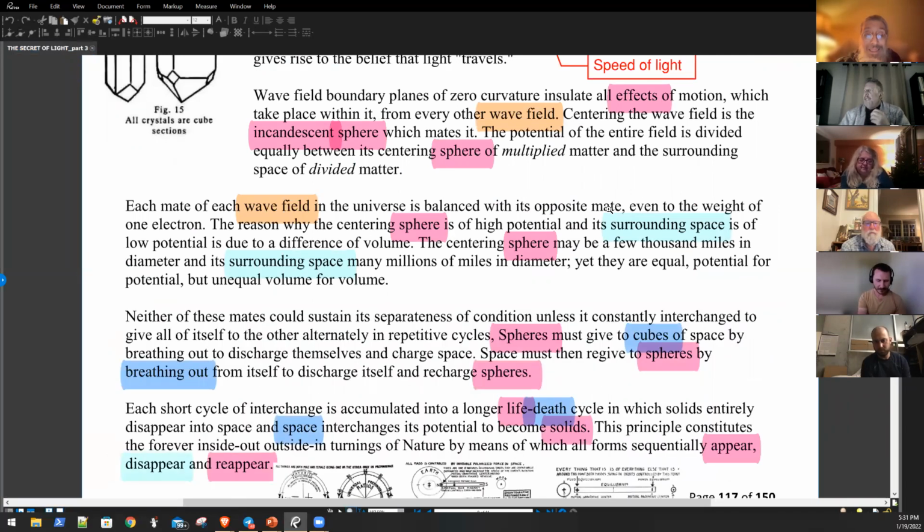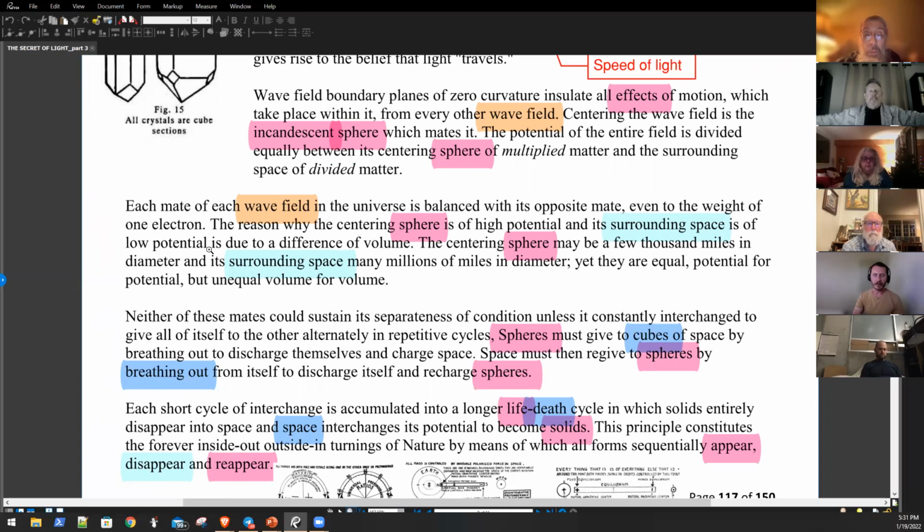even to the weight of one electron. The reason why the centering sphere, red hot, is of high potential, and its surrounding space is cold, right? Space is cold, female, surrounding space is of low potential, is due to the difference of the volume. So when we see a sphere, we know there are great distances between it and the next sphere.